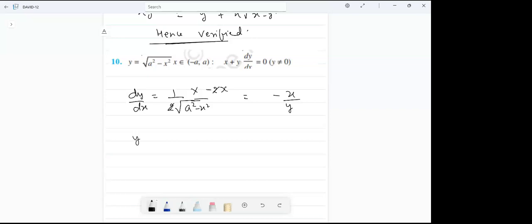Now cross multiplying, y dy by dx equals negative x, and bringing all terms together equals 0. Hence proved.